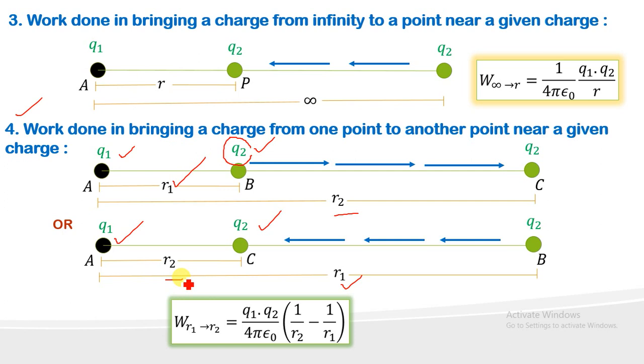In this case the work done is equal to Q1 Q2 by 4 pi epsilon naught, 1 by r2 minus 1 by r1. Point number 3 and point number 4 are regarding the work done, and point number 1 and point number 2 are regarding the potential energy or change in potential energy. Right, expressions are same.